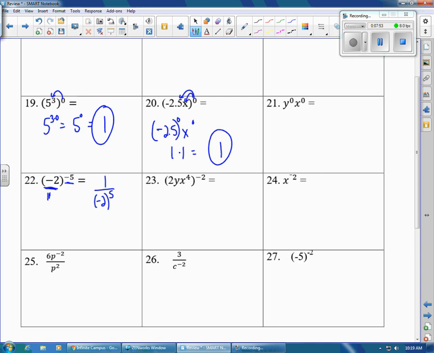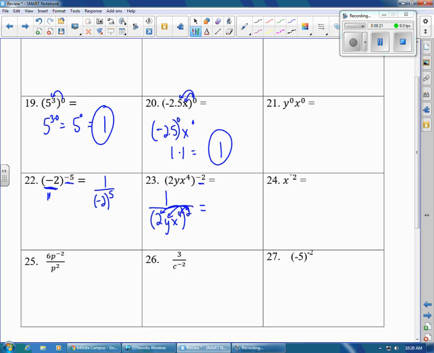Now, many of you struggle with your integer rules and multiplying with integers, so on this particular problem, I'm going to suggest we take care of the negative first. If I want this to be a positive exponent, I need to flip the fraction, and I'm going to have 1 over this entire thing, 2y x to the 4th, all raised to the positive 2 power. Now I can do my power to power.